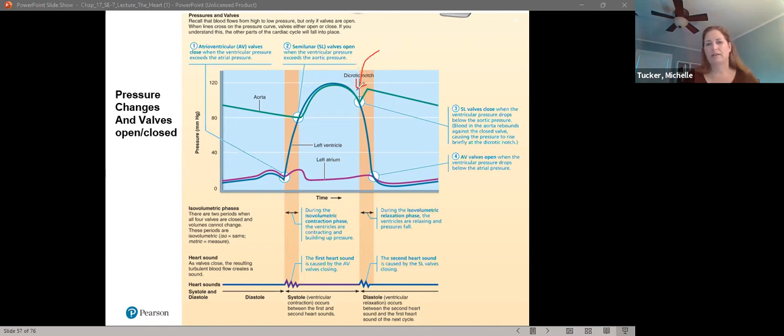So this dicrotic notch is the force from the blood pressure in the aorta back towards the left ventricle, causing the semilunar valves to close. Okay, so semilunar valves close. This is where the AV valves are going to open. So during these phases, all valves are closed.